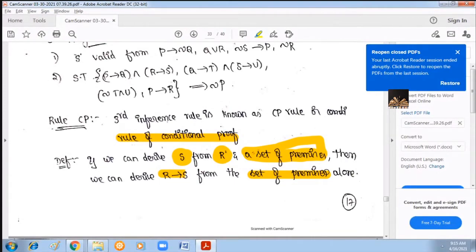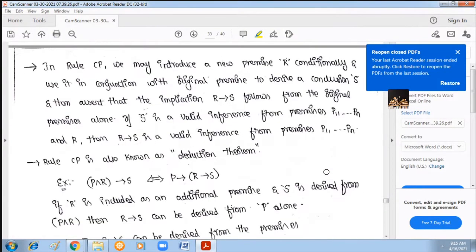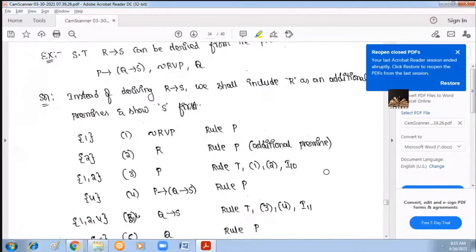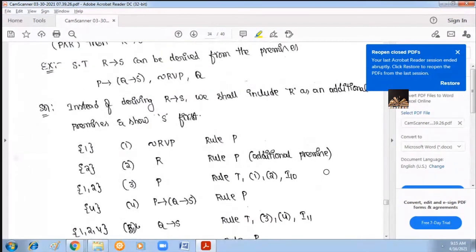This is known as rule CP. So wherever required, you can apply that formula.